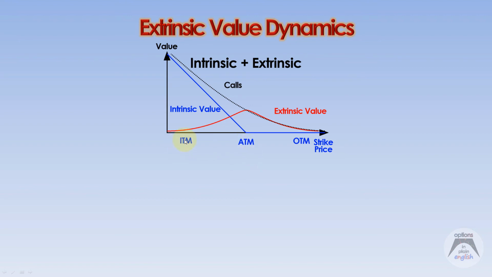Okay, you look at the in the money calls, for example, and the out of the money calls. So right away, if you understand what we talked about, now you know that yes, the in the money calls seem to be bigger and larger, but they're made up of mostly intrinsic value, not extrinsic value.